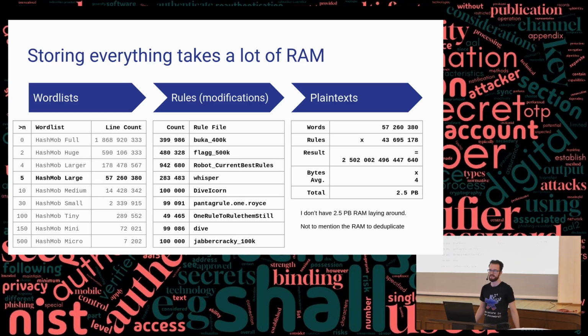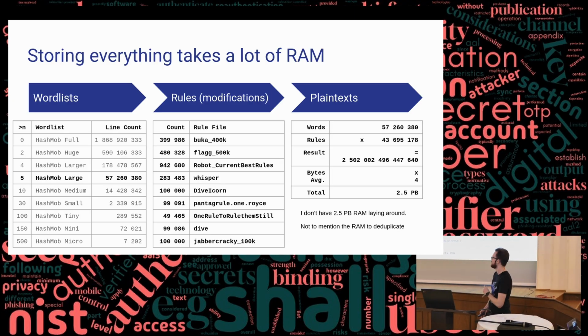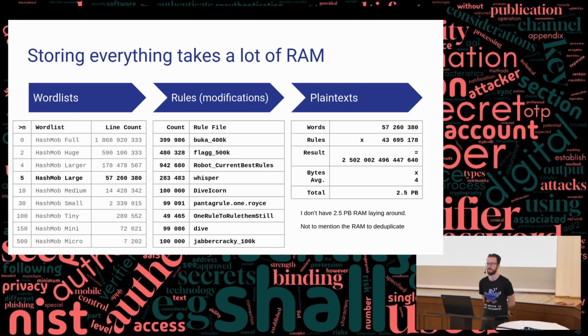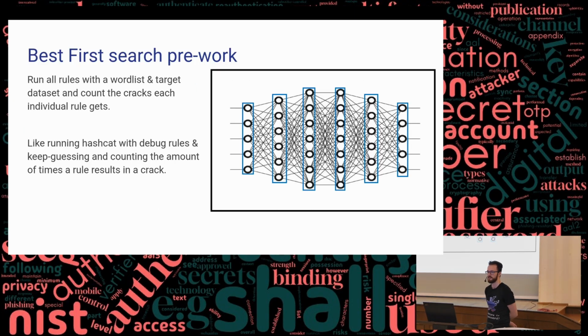It just doesn't really work. And if you want to analyze everything, because there's a lot, 43 million rules, it's a large number and takes about 2.5 petabytes of RAM. It doesn't work.